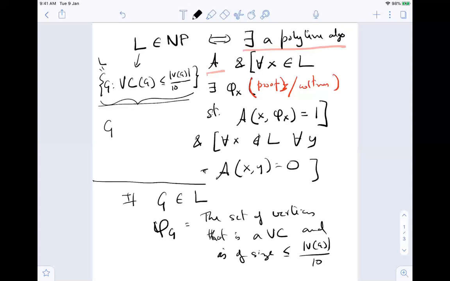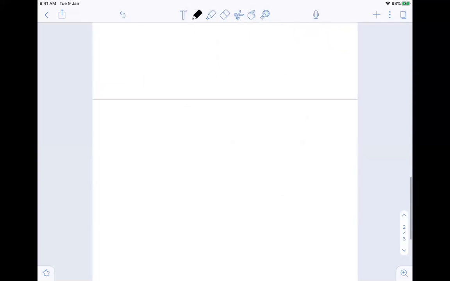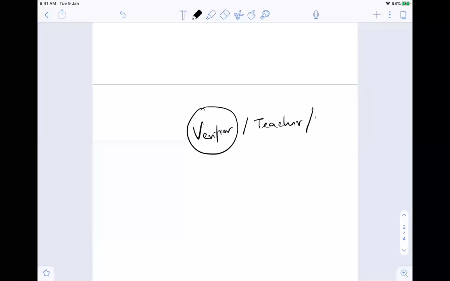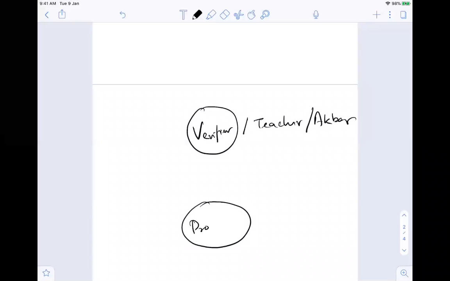It is sometimes called a prover and a verifier. So think of it this way. Here is a verifier, or if you want to think of it in some way, you can think of this as the teacher, or you can think of this as Akbar and so on. And here is the prover, which you can think of as a student or Birbal.